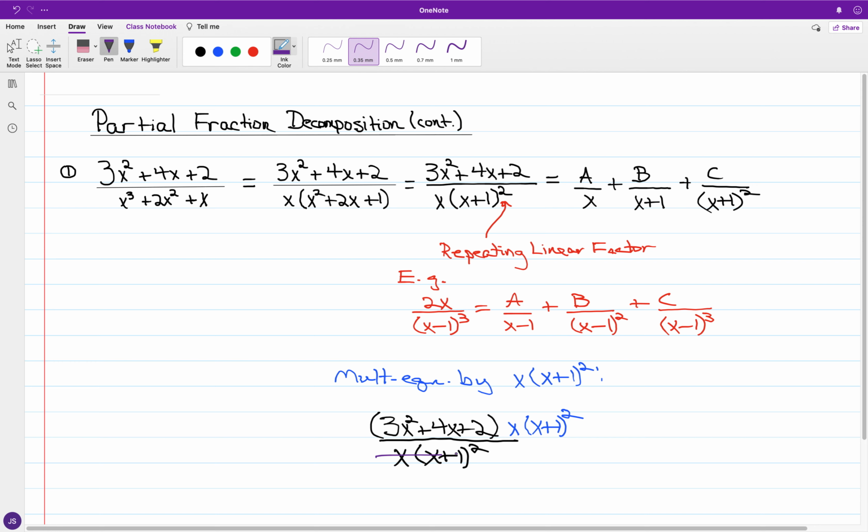For this original term, you want the denominator to completely cancel, so both x and x plus 1 squared go out.